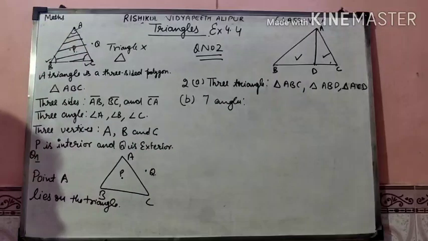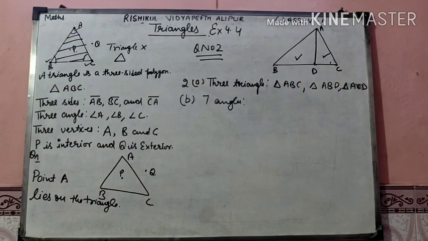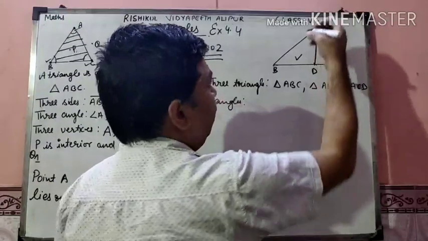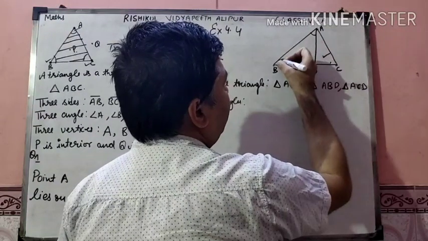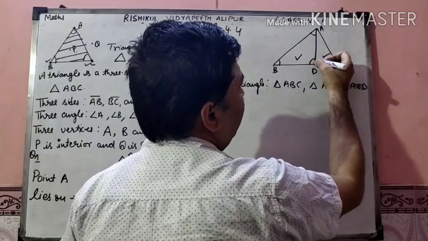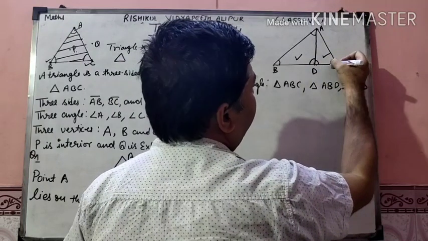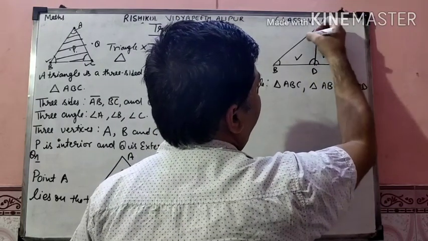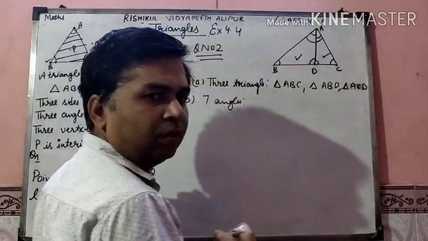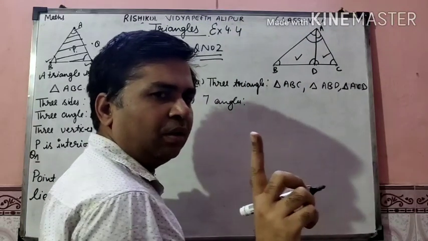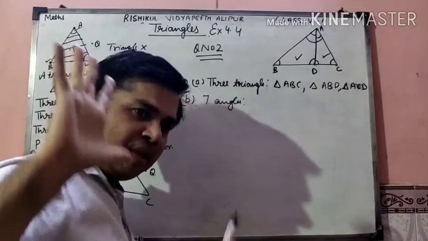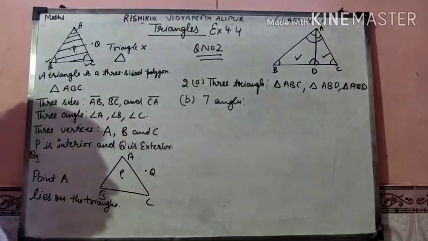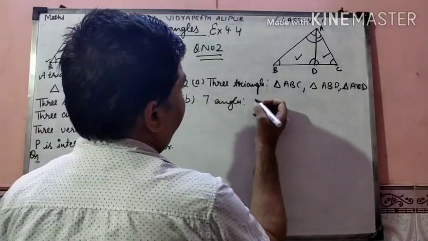The second part is: write the names of 7 angles. Mark the angles first: 1, 2, 3, 4, 5, 6 and 7. Is that clear? How many angles? 7. So name the angles.